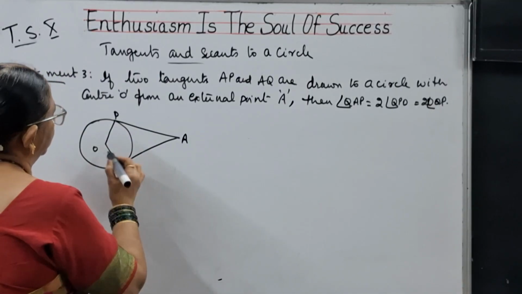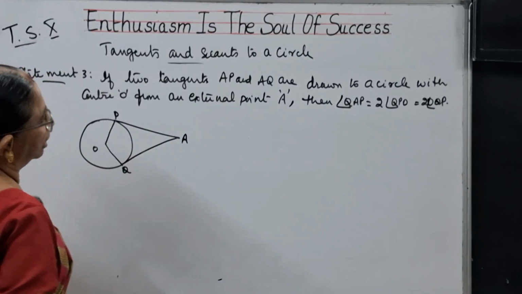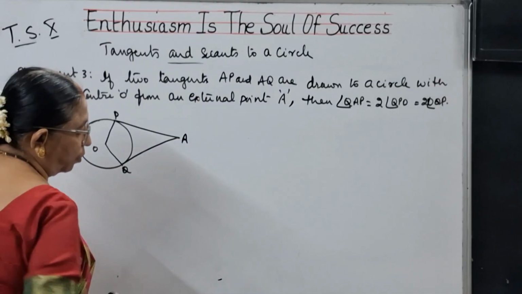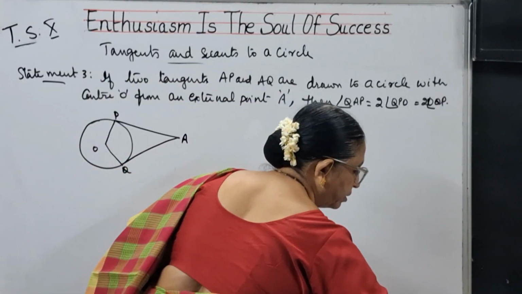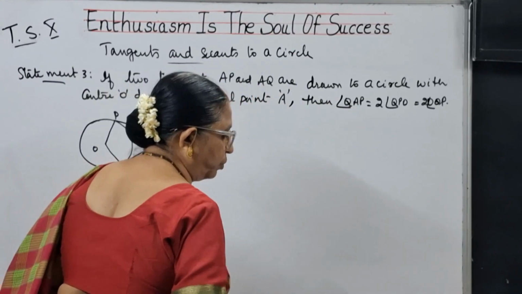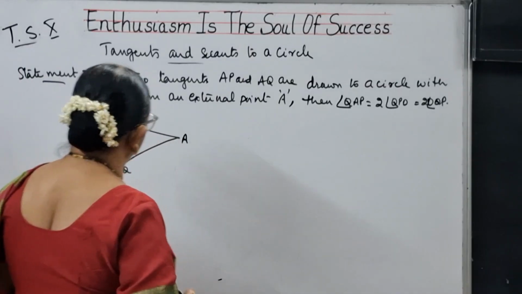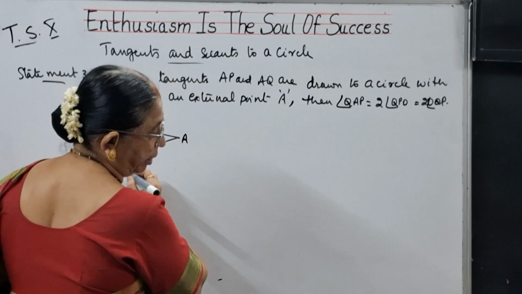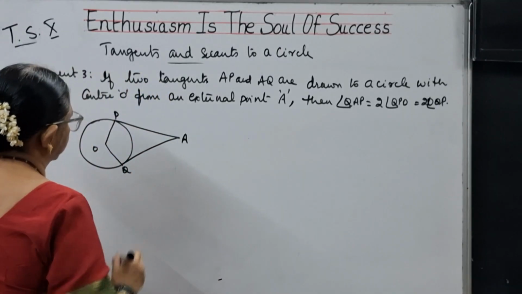Angle QAP is equal to 2 times of angle QPO, and that is also equal to, 1 minute, let me see, 2 times of angle OQP. This is what they have asked.